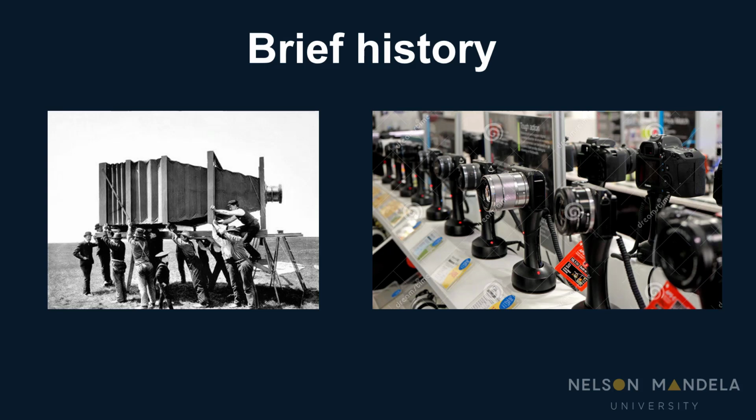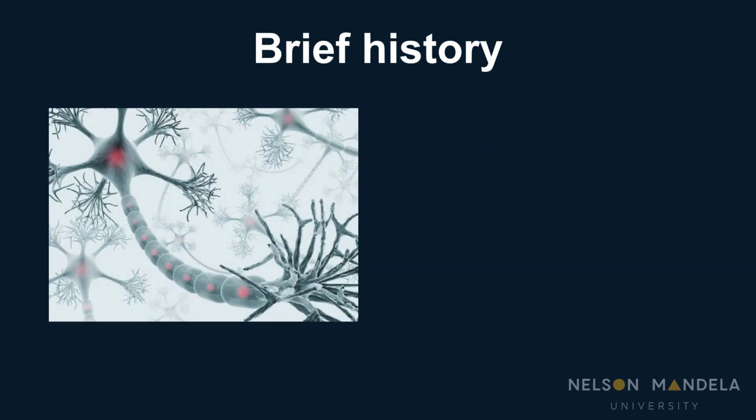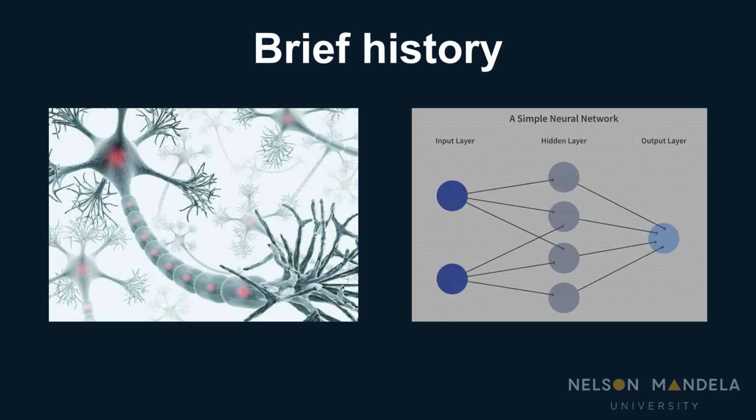However, this was the easy part, and creating the technology to perform the function of our visual cortex was the challenge. Not surprisingly, the technology that allows computers to understand the context of images and videos is based on our own biological neural networks, and as such are called artificial neural networks.